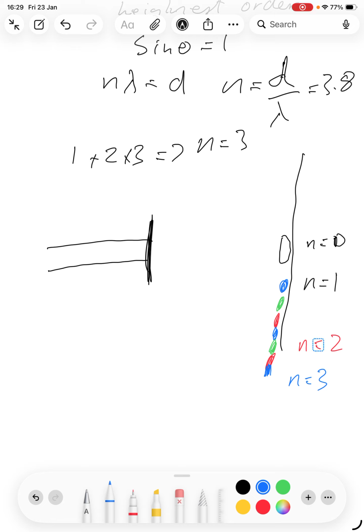But generally speaking, the key things for your marks are white central maxima, spectrum on either side, so this would be reproduced on either side, and the order of those colours is to have blue on the inside and red on the outside.